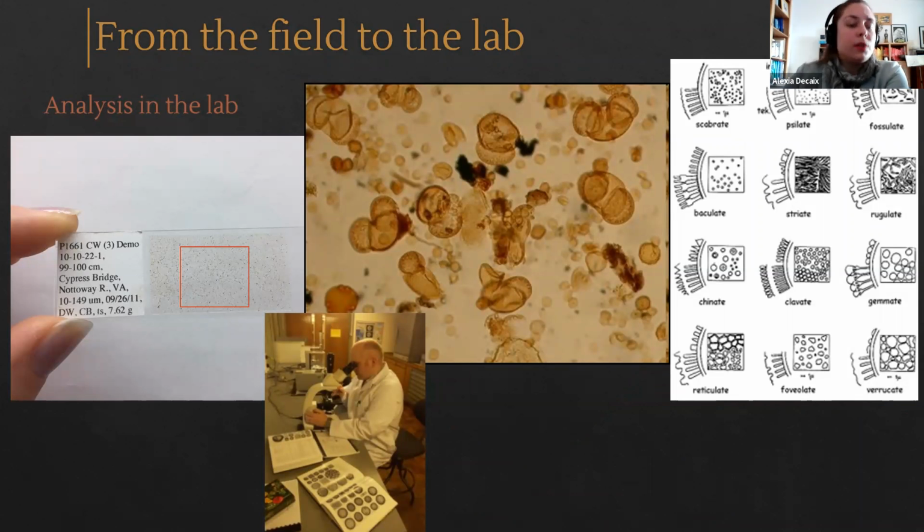And as we already mentioned, the fossil pollen are normally represented by the outer layer of the pollen, the exine. Once the slide is ready to be analyzed under the microscope, the aim is to observe and define the morphology of the exine, its shape, the presence of apertures, the structure, and to compare it with modern pollen or atlases of reference collections.